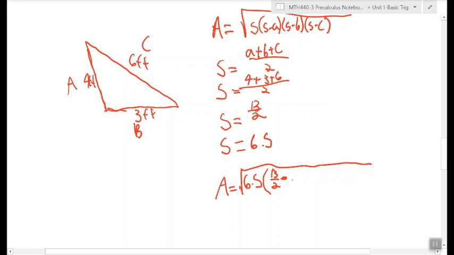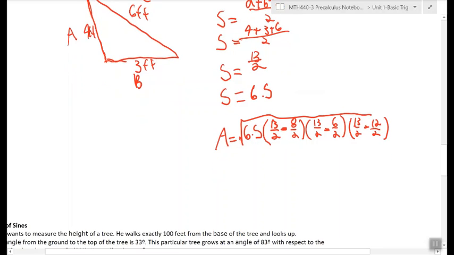So minus a is 4, so 8 over 2, times 13 over 2 minus 6 over 2, times 13 over 2 minus 12 over 2. So the area equals the square root of 6.5 times 5 over 2, 7 over 2, and 1 over 2.